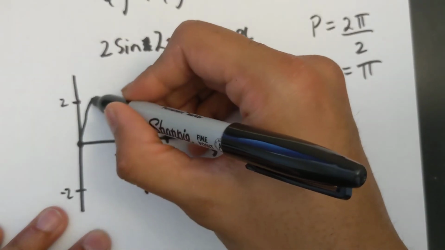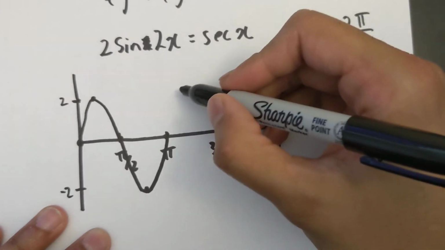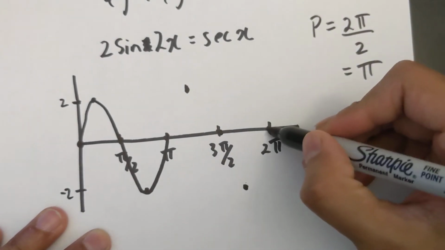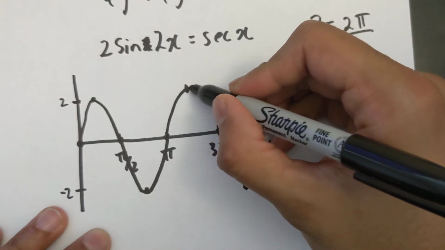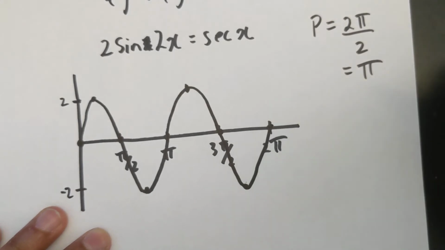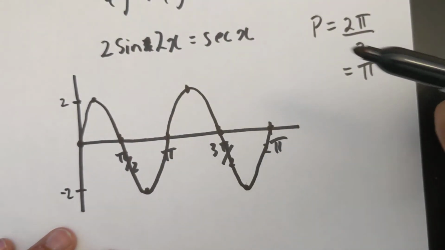So that's one wave. And then again I have one point here, another point there, another point there, another point there. So another wave in another pi. So that right there is 2 sine 2x, which again you should know how to plot on a graph.